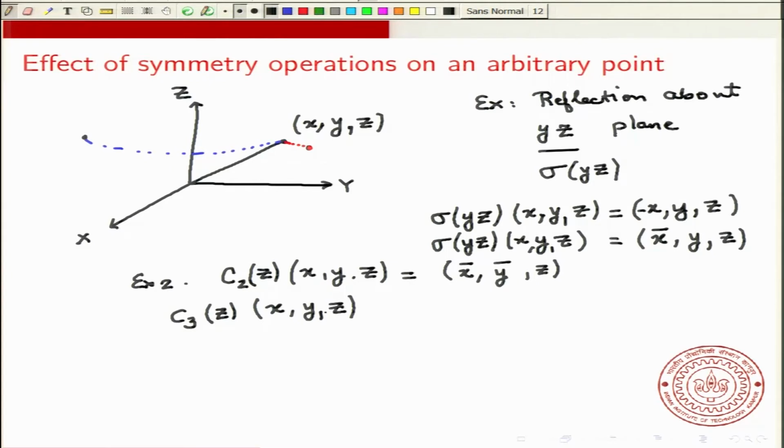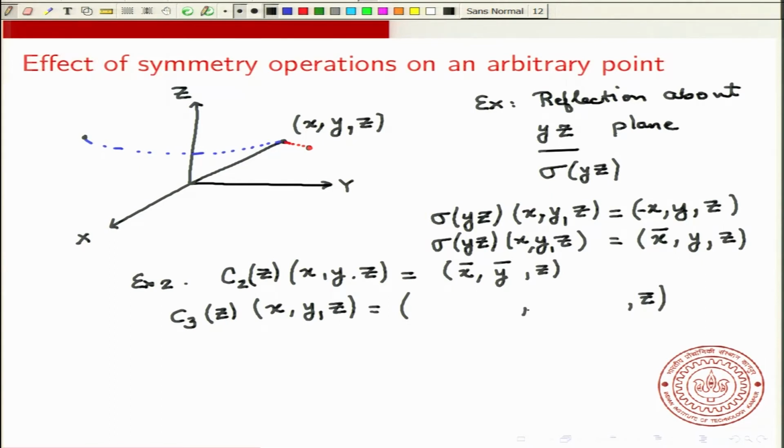Now, a C3 operation corresponds to rotation by, okay, you are rotating by 180 by 3, that is 60 degrees. So, if you take a point x, y, z and rotate by 60 degrees about the z axis. Okay. Now, we can see what will happen. So, first of all the z coordinate will remain the same. So, we will just leave the z coordinate as it is.